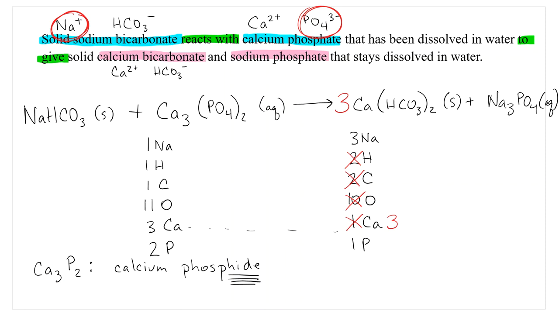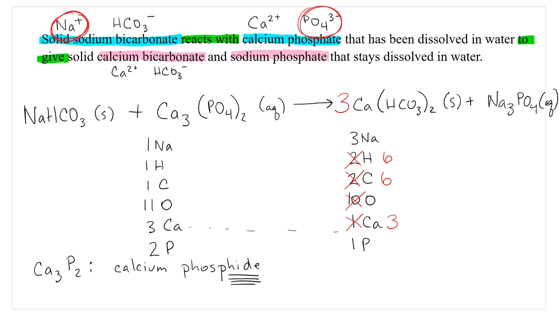How many hydrogens do we now have? 6 hydrogens. There's 2 from the subscript times 3 from the coefficient. That gives you 6. How many carbons? 6. Be careful. Yep. How many total oxygens do we have?